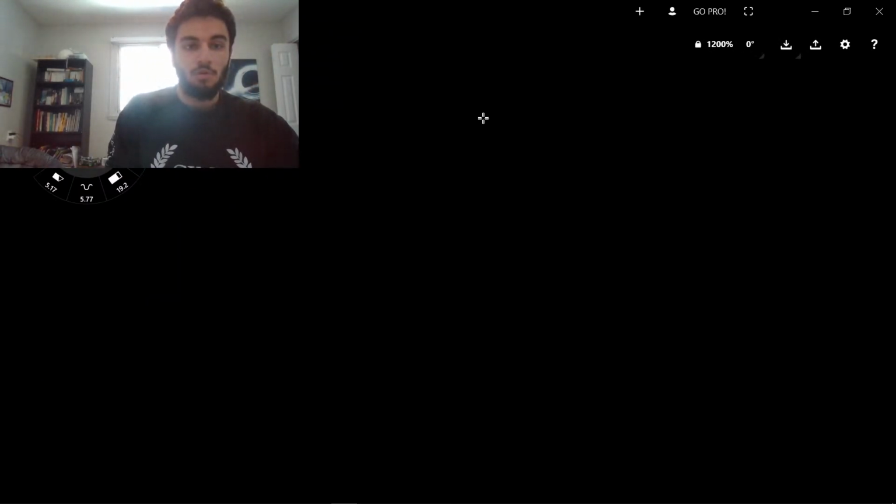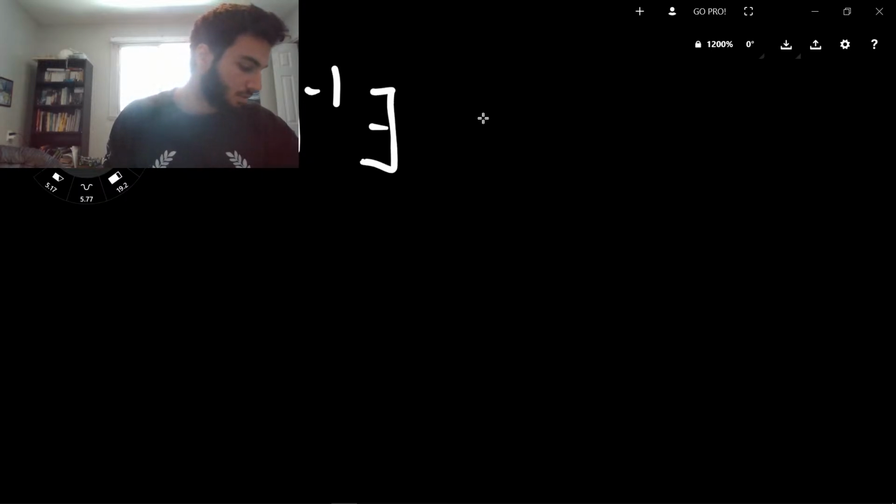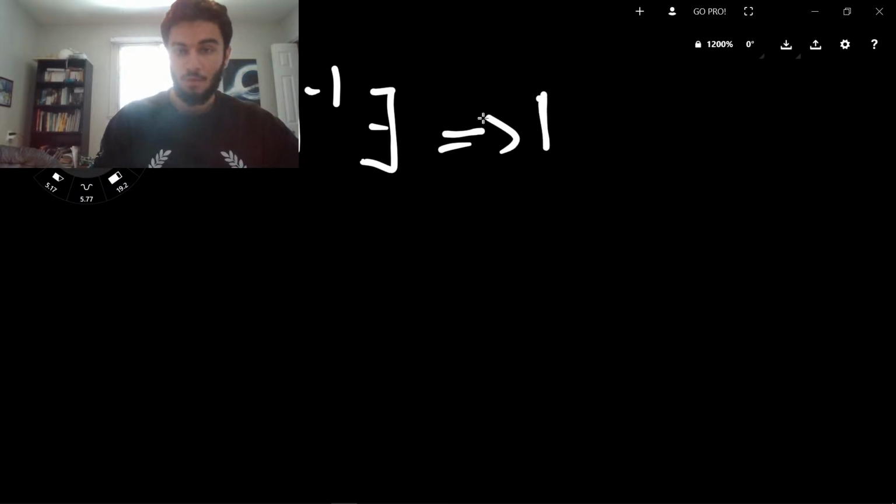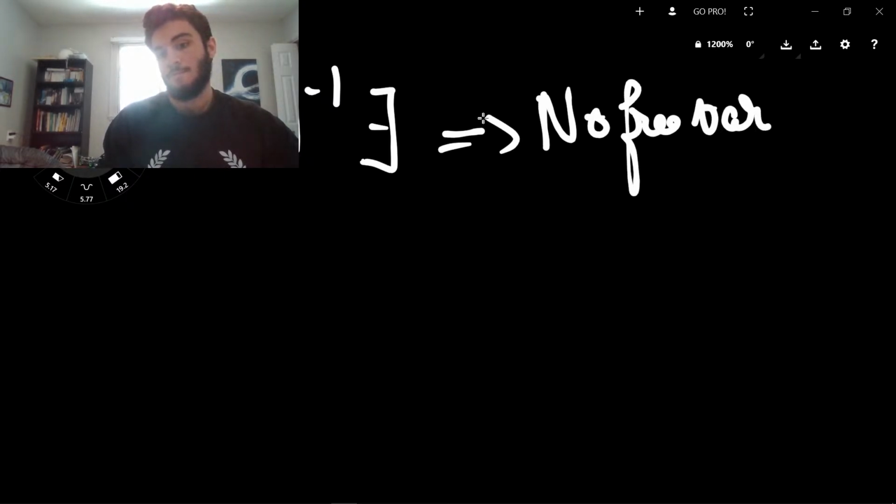So let's go to B. We have, okay, so if A minus 1 exists, so this is our proposition. If A minus 1 exists, this implicates that no free variables.